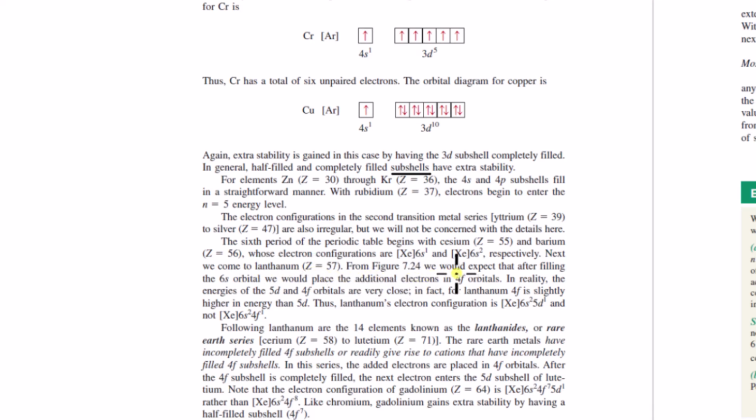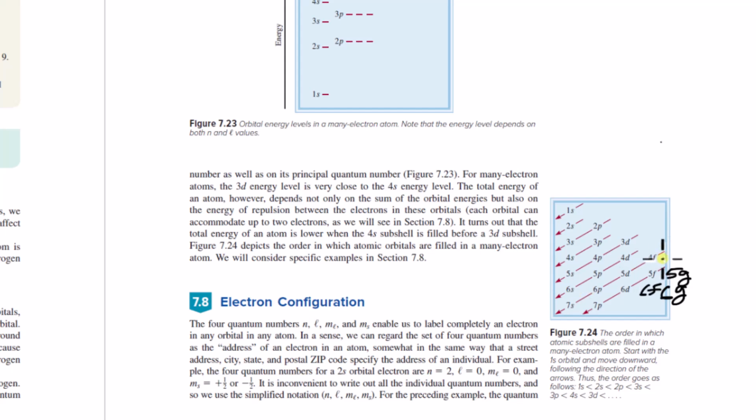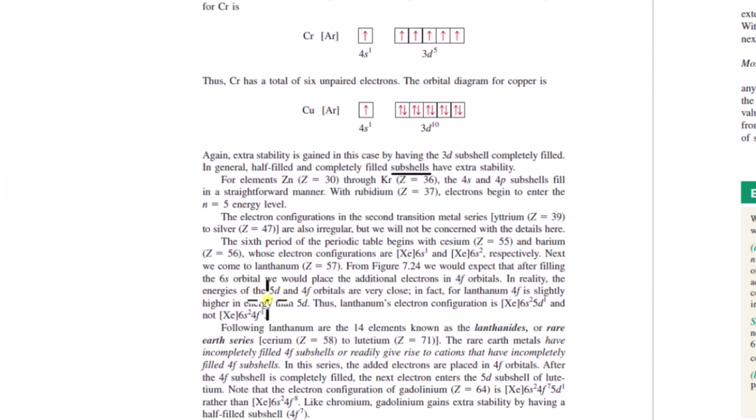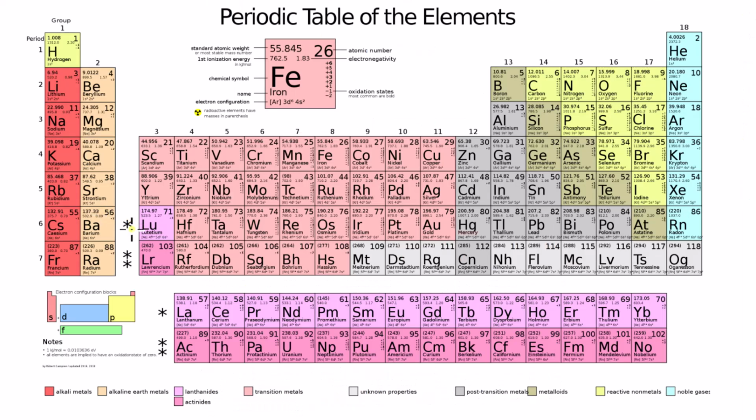From figure 7.24, we would expect that after filling the 6s orbital, we would place additional electrons in 4f orbitals. They're talking about this here: 6s, next is 4f. In reality, the energies of the 5d and 4f orbitals are very close. In fact, for lanthanum, 4f is slightly higher in energy than 5d. Thus, lanthanum's electron configuration is 6s2 5d1, not 6s2 4f1.